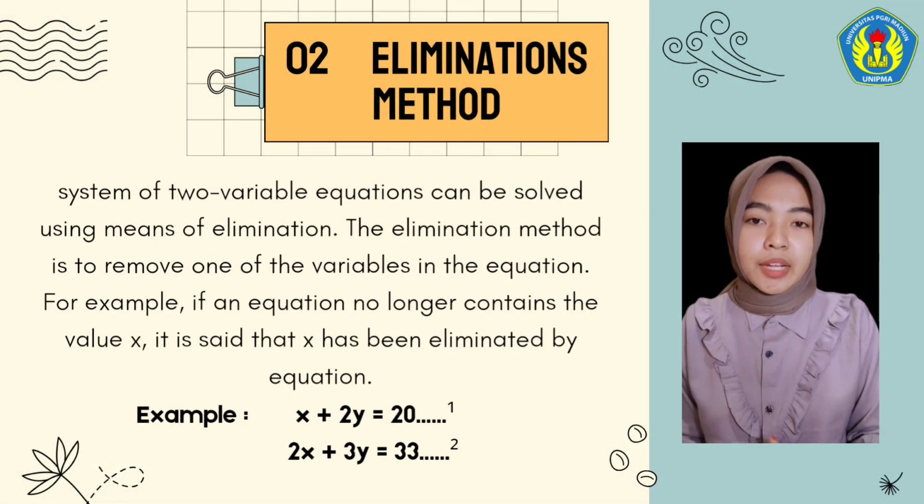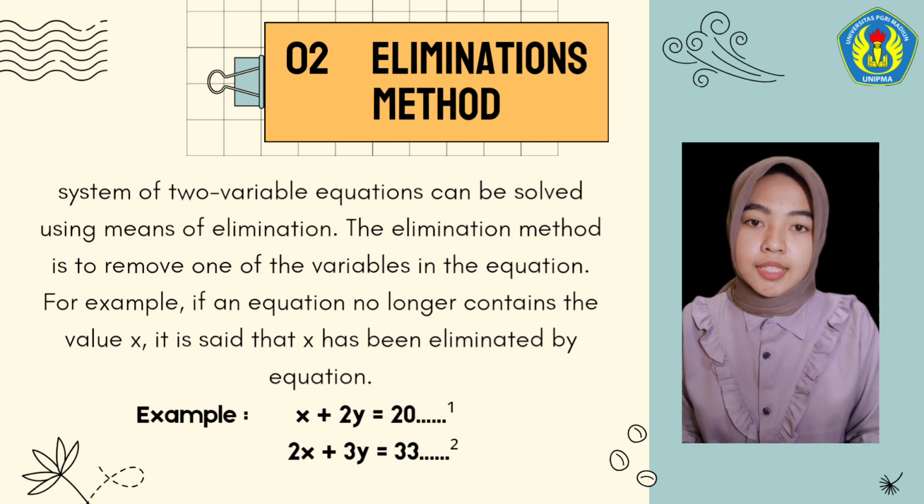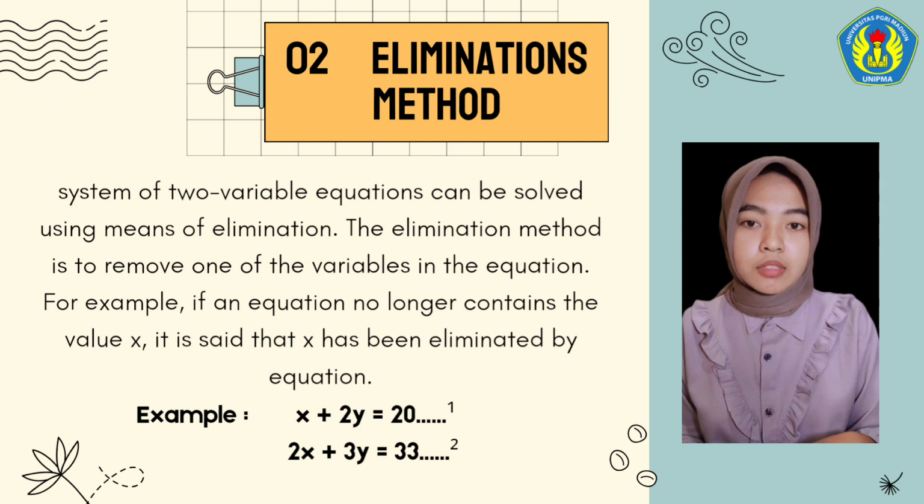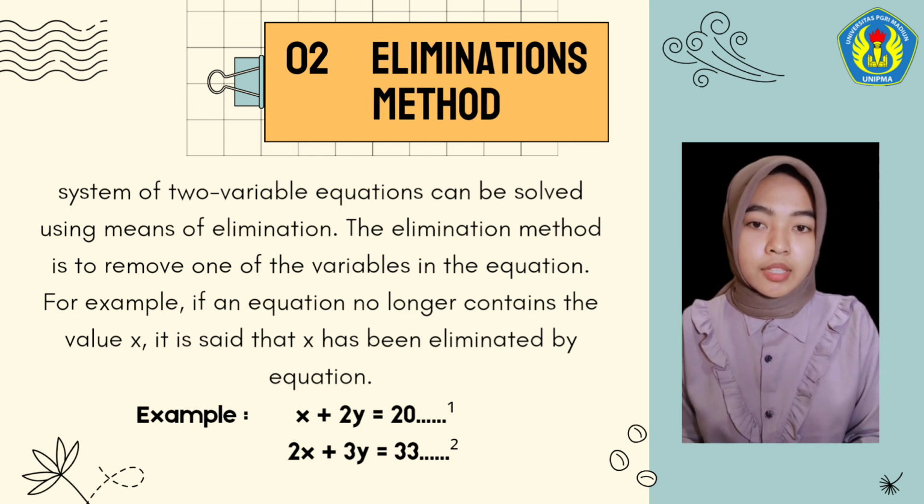Second, the elimination method. A system of two variable equations can be solved using elimination. The elimination method is to remove one of the variables in the equation. For example, if an equation no longer contains the value x, it is said that x has been eliminated.